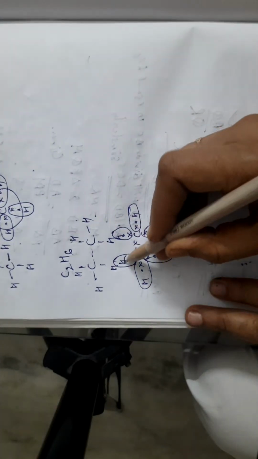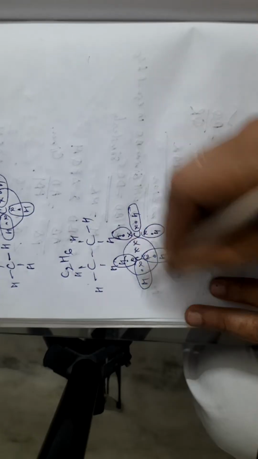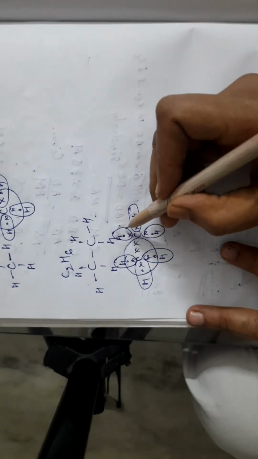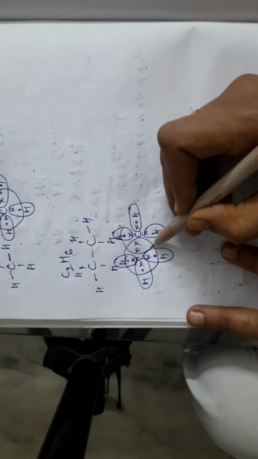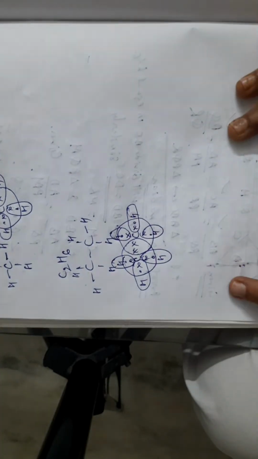Around the carbon, you need to have 8 electrons. This is how we can complete our electron dot structure.